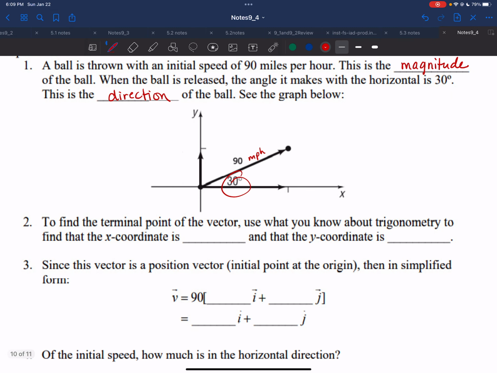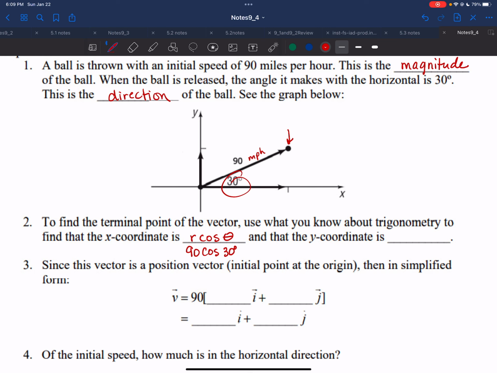All right, so here's what I want to do: find the terminal point of the vector, which is this point right here. Use what you know about trigonometry to find the x-coordinate. Well, remember, my x-coordinate is r cosine theta. My r is 90, and I'm going to do the cosine of 30 degrees.